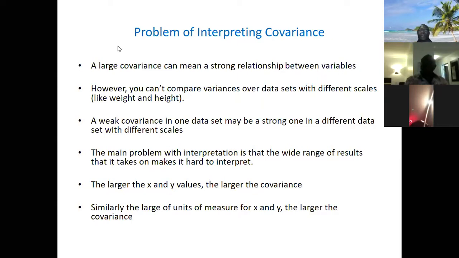If you are dealing with something like weight and height in meters, it will give you a small figure. So the value depends on the unit of measurement, and also on the value of each measurement we are dealing with. So it's not standardized, it's not universal.